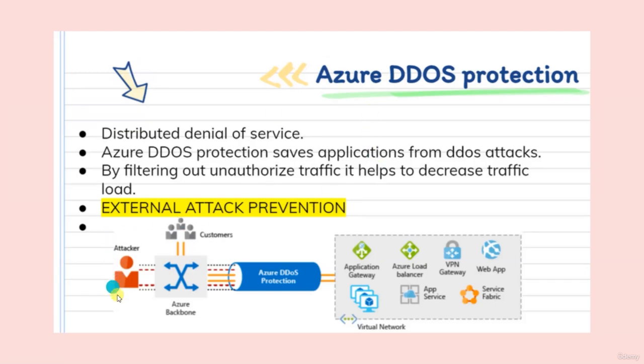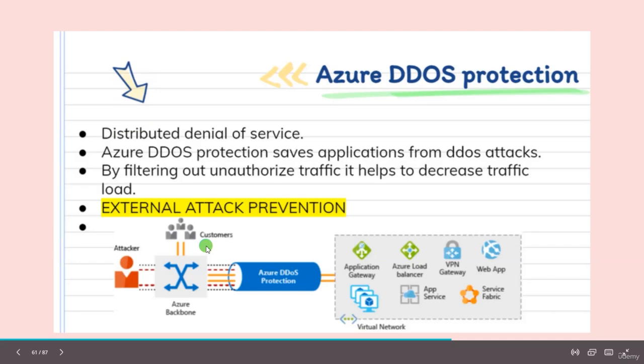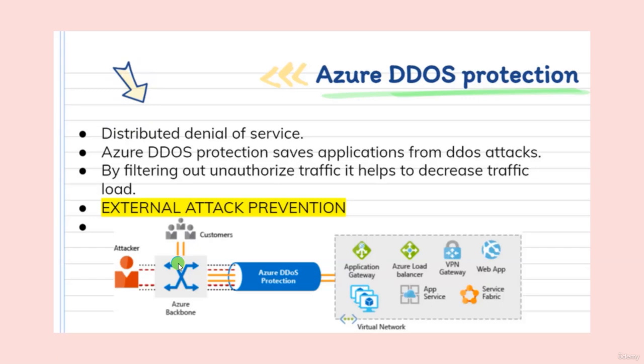Over here we have an attacker and we have a customer. Both of them send their packets to Azure, and all this traffic that moves within Azure is first filtered by Azure DDoS protection.